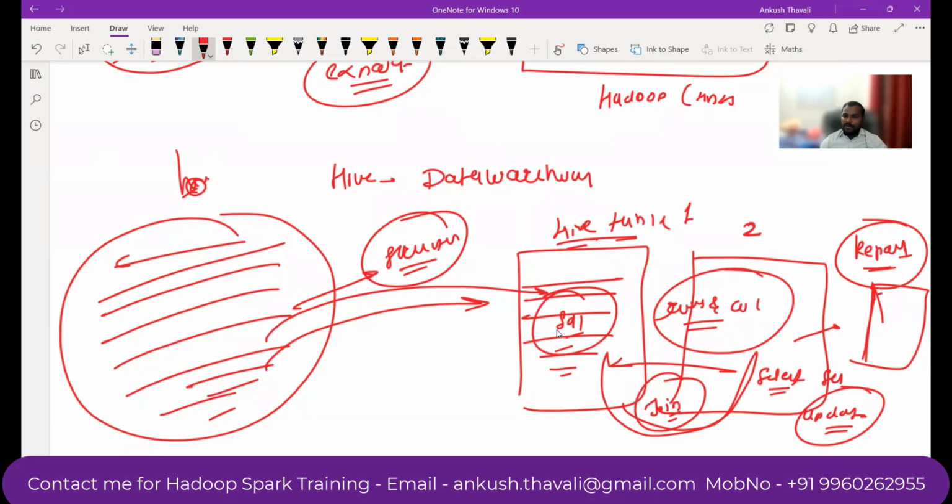This report will be seen by your business analyst and data analyst team. They will try to increase the business by looking at this report. It can be any report.